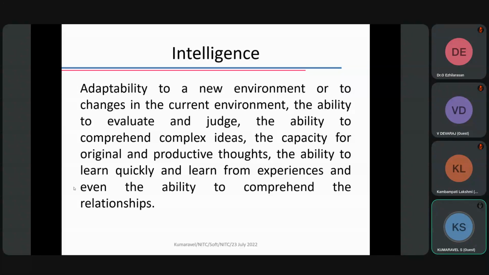Here the communication happens from one intelligent system to another intelligent system, where most of the time we are transferring a complex idea to others. In fact, when Einstein discovered the theory of relativity, most of the people never understood. But later, slowly, his theory became well understood by the public.